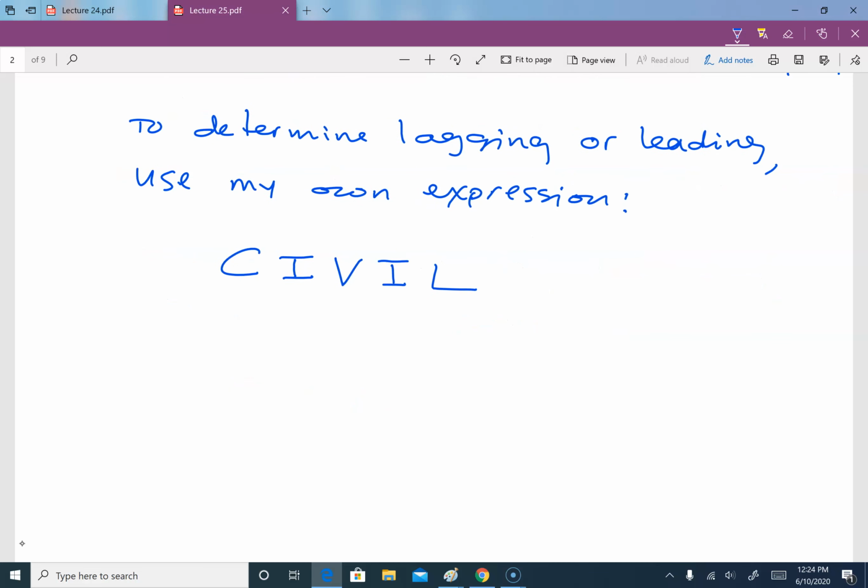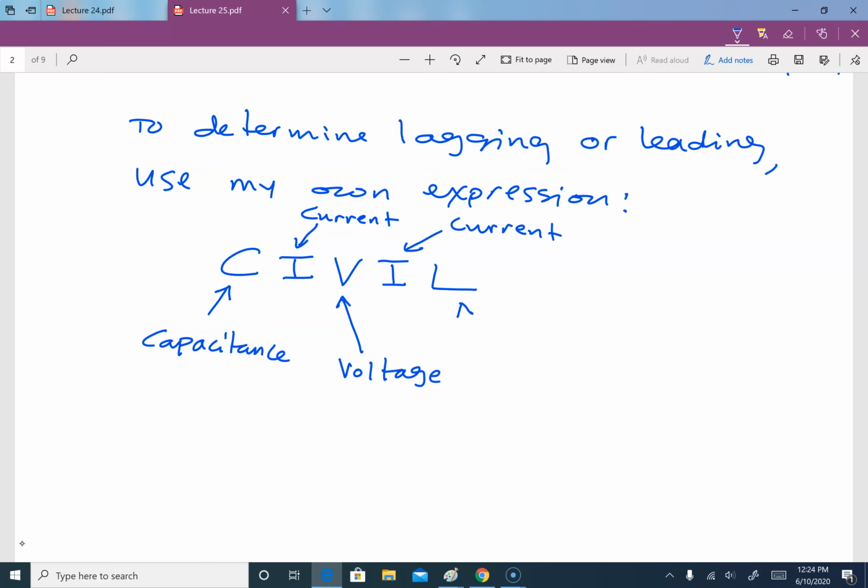So CIVIL rule. This over here is capacitance. This over here is current. This over here is voltage. This over here is current. And this over here is inductance.